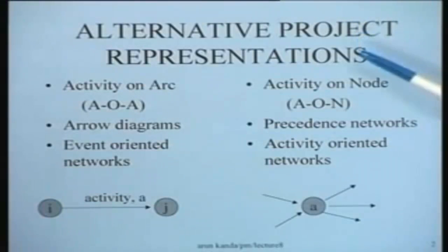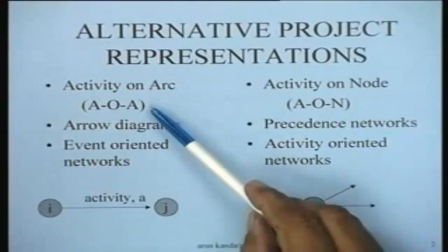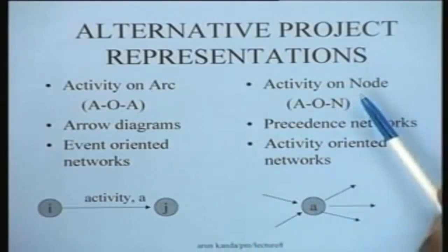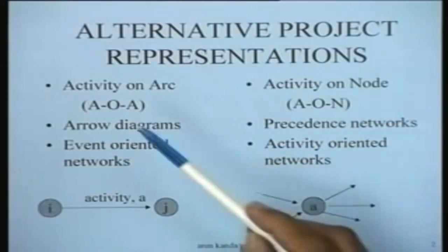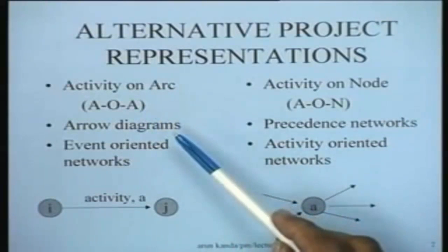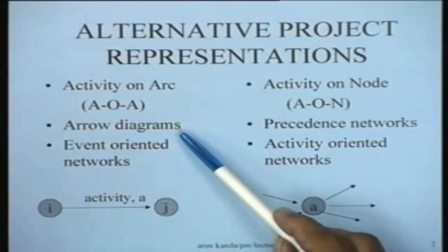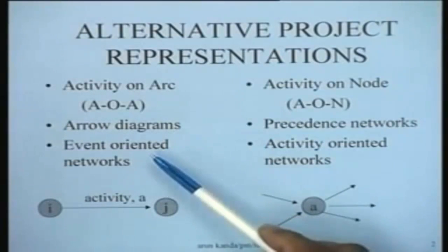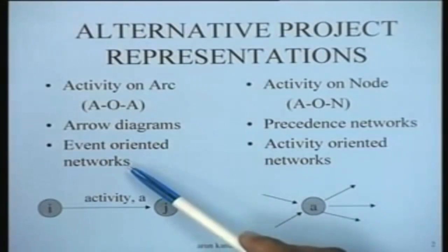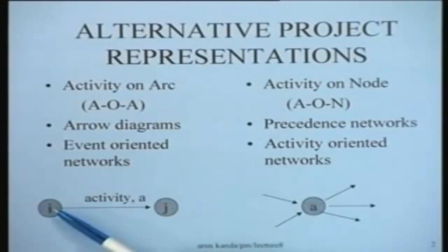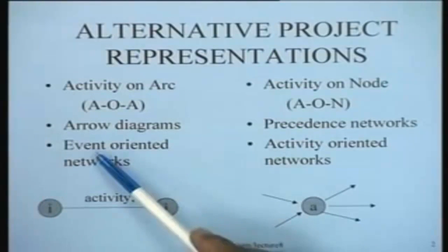Projects can be broadly represented in two modes, the activity on arc mode and the activity on node mode. The activity on arc mode is popularly referred to as an arrow diagram also, and these calculations are generally event oriented calculations, because in this AOA representation each activity is represented on the arrow, and the starting node and the end node of each activity is given the interpretation of an event.